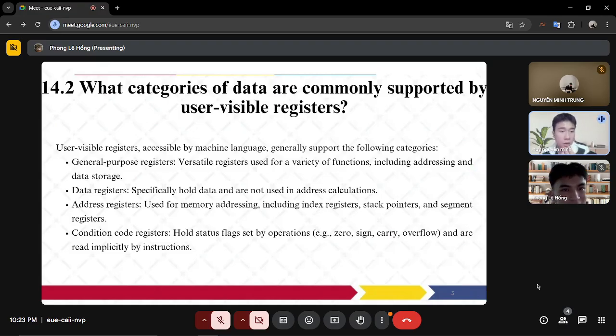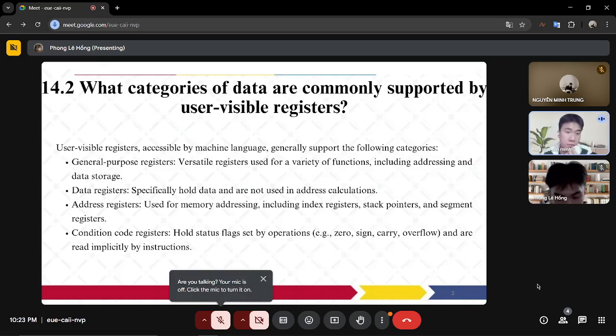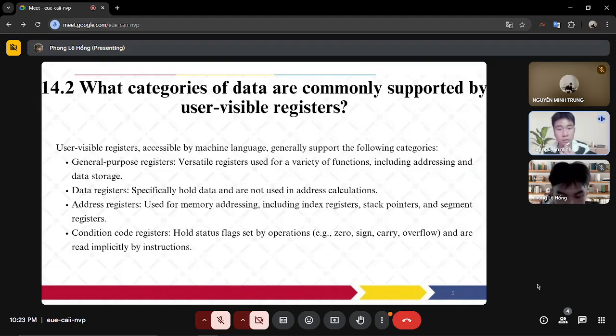14.2. What categories of data are commonly supported by user visible registers? User visible registers are accessible by machine language. Generally, we support the following categories: general purpose registers, versatile registers used for a variety of functions, including addressing and data storage.